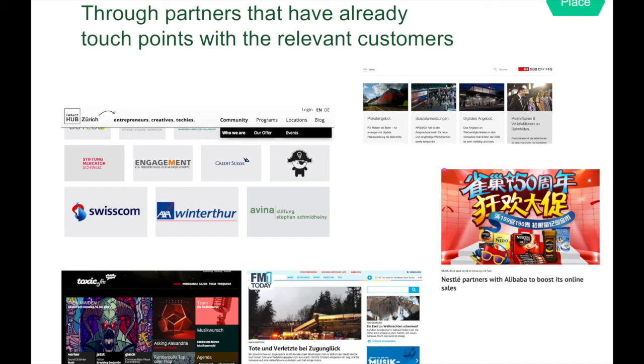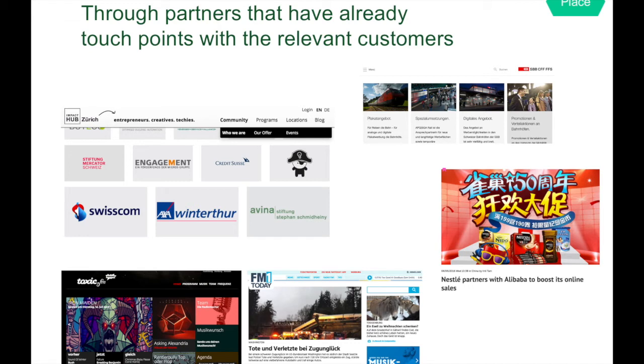So the idea would be that at the Impact Hub, there are a lot of people that try to start their own company, a startup. And all of them have the need for a bank account, for insurance, and for mobile phones. So here, the Impact Hub has touch points to new customers, and now the Impact Hub is partnering with banks, insurances, and so on to allow them to access the customers of the Impact Hub.